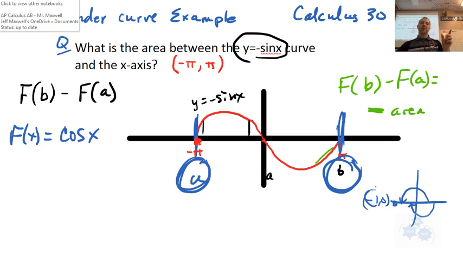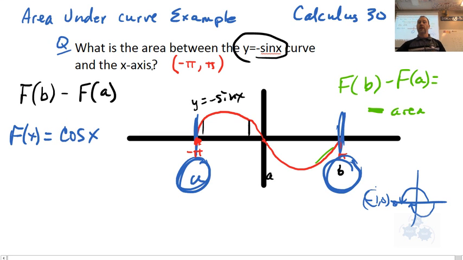The other thing you could do, which is probably what you're going to have to do with some other questions that are similar to this, is you're going to have to find out where this split is, and obviously it splits right at 0, and so you could do two parts. You could do this part, area A. You could find area A using the 0 as the b value, and so on.